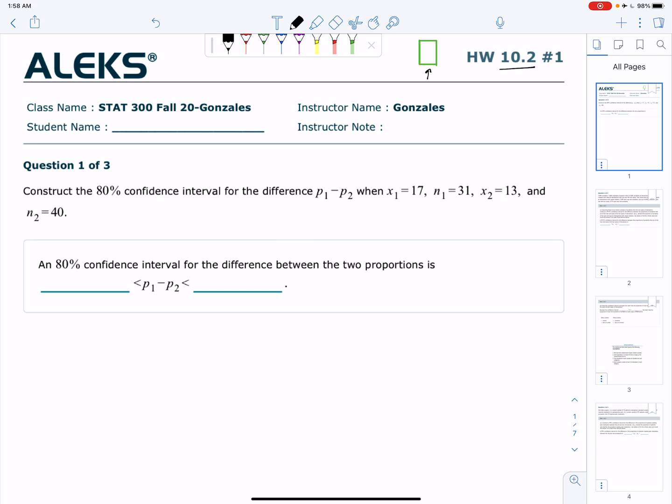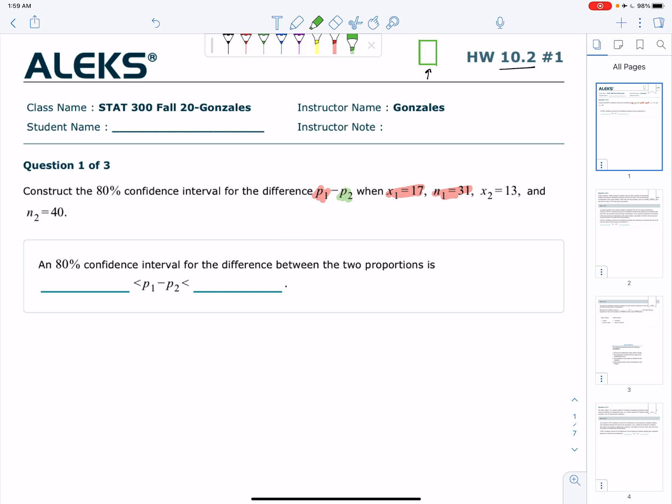I'm going to go ahead and use some colors here because I think that's really helpful for our eyes to see what's going on. I'm coloring the stuff from our first sample, our first population proportion, and then our sample. Then let's make green our second population, and remember what x is.